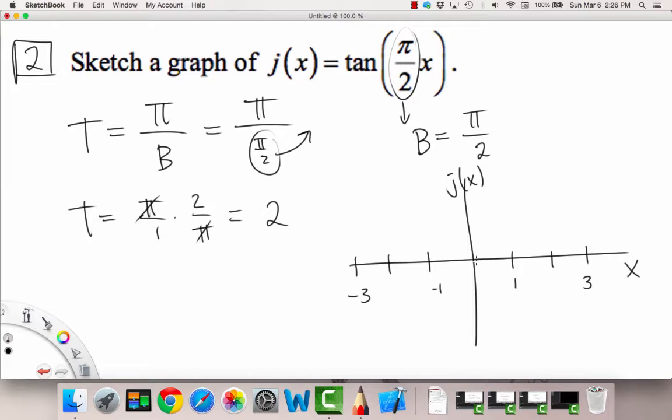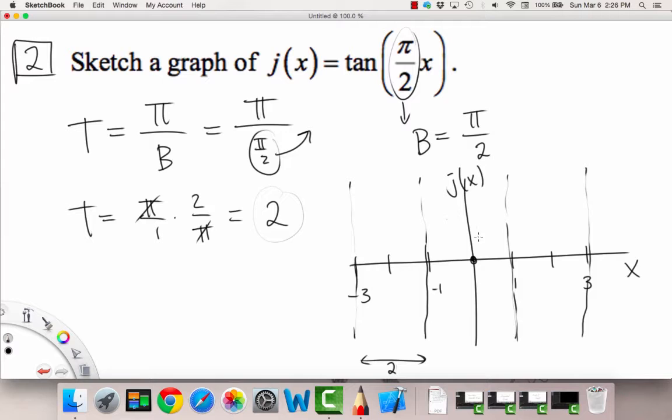Like I said, we're going to center the first cycle around 0, 0 because we have no horizontal or vertical shifting. Our vertical asymptotes are going to be on either side in equal directions, and I put them at -1 and 1 because the distance between our vertical asymptotes should be the period, which is 2. Again, we'll have vertical asymptotes at 3 and -3, all equally spaced with a distance of 2 between them.